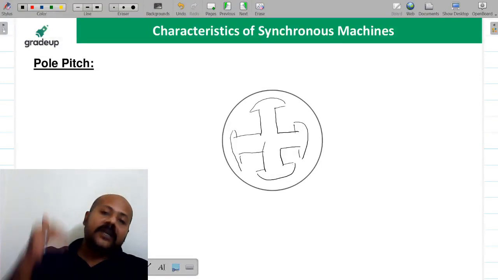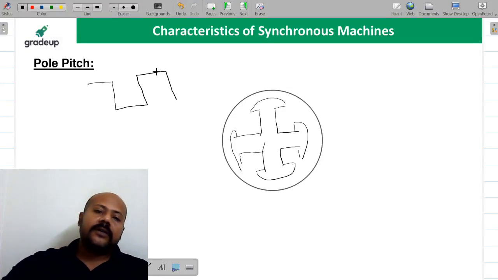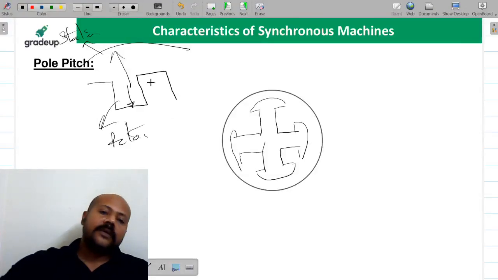Even if you go for a cylindrical rotor, suppose you are having a slot like this. For the rotor side I am saying, suppose you are having a cylindrical rotor. So this is what is happening. Here the air gap is more. If this is the stator surface and this is the rotor, here the air gap is less.